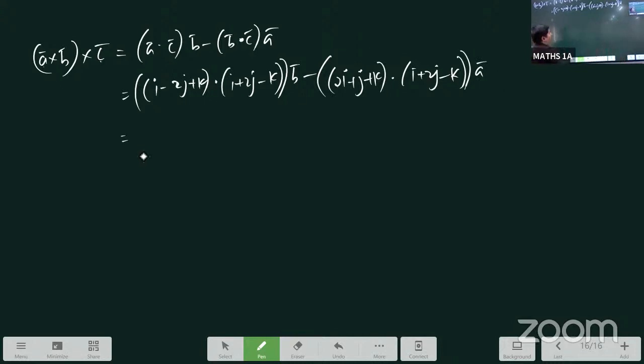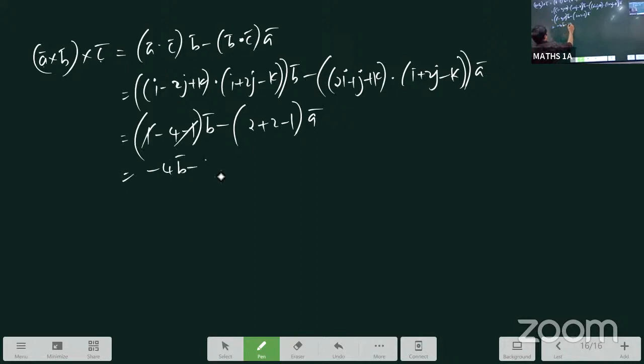That is equal to i dot i is 1, minus 4 minus 1 b bar, minus 2 plus 2 minus 1 a bar. Again minus 1 plus 1 minus 4 b bar minus 3 a bar.